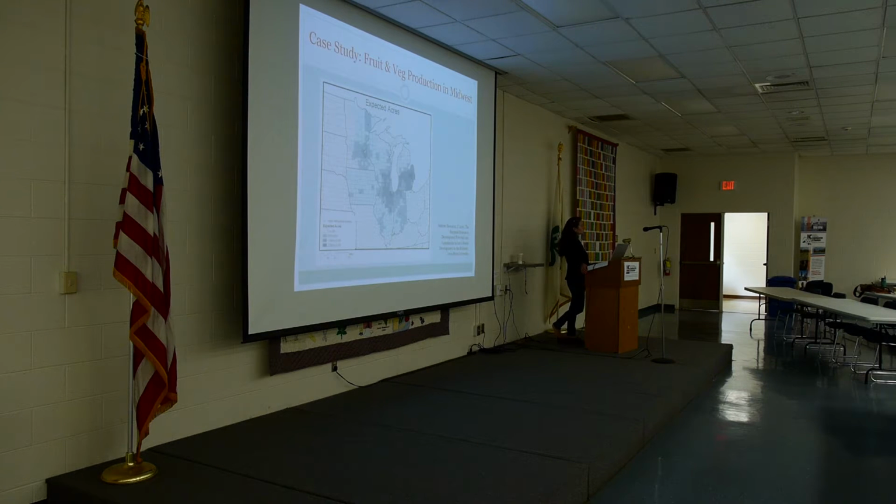So has this been done in North Carolina, to your knowledge, to see the impact of fruit and vegetable production on that same 100 acres of land that used to be tobacco?